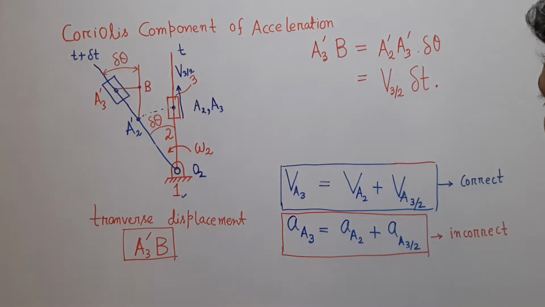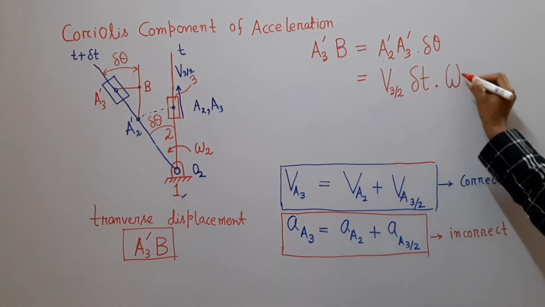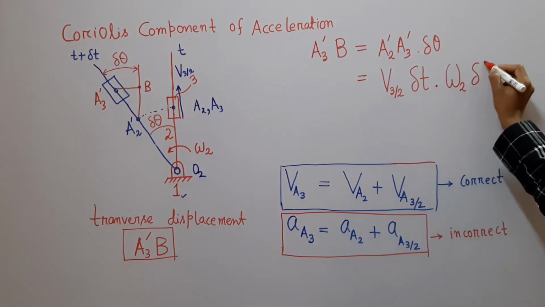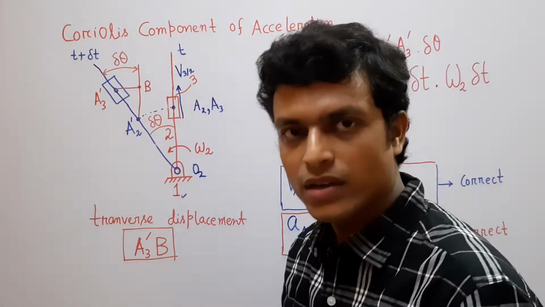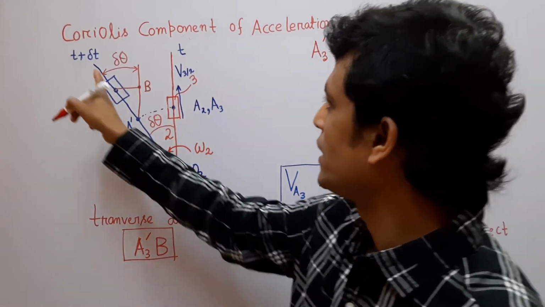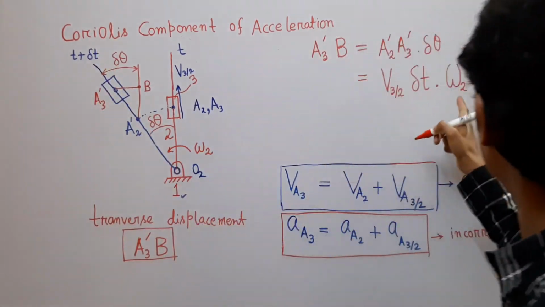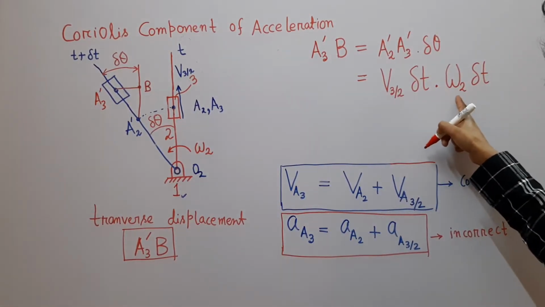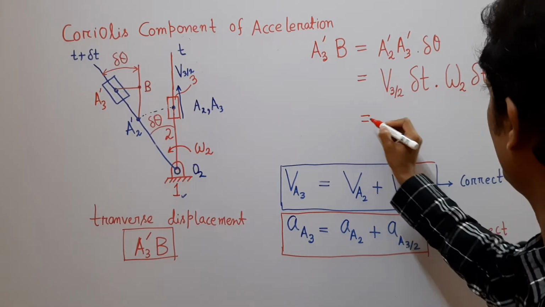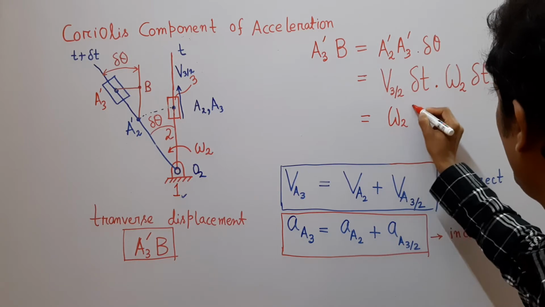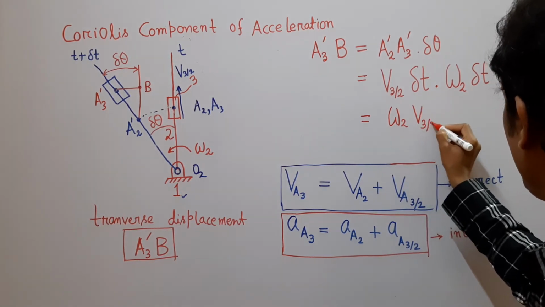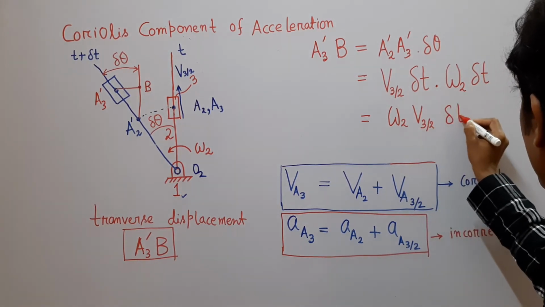And what is delta theta? That is omega 2 into delta t. This is the total angular displacement of link 2 within the time interval delta t. So we can write omega 2 v3/2 delta t square.